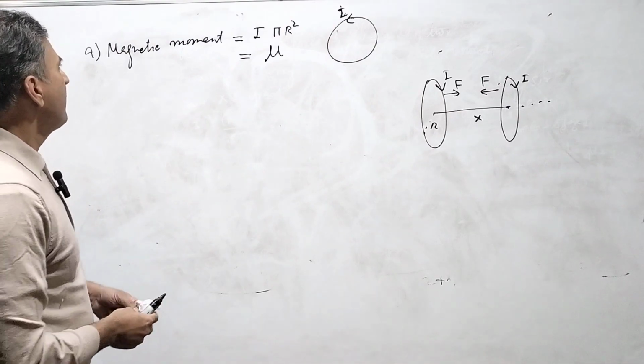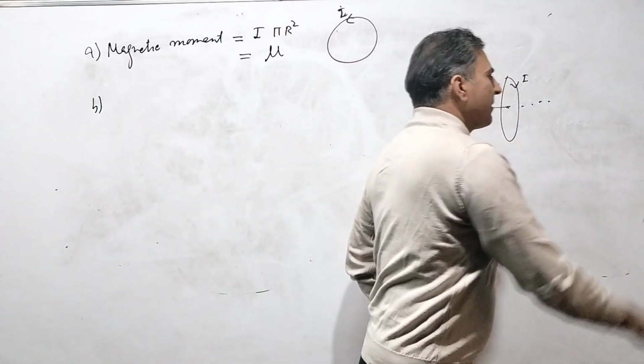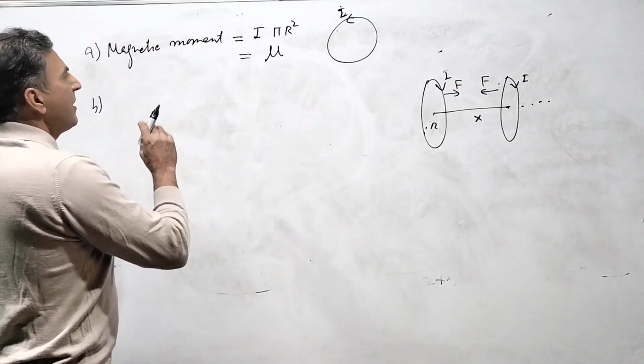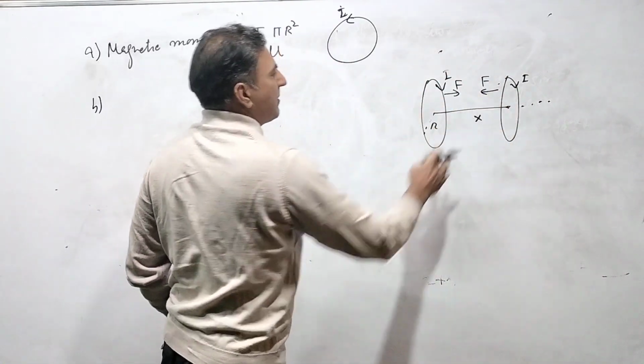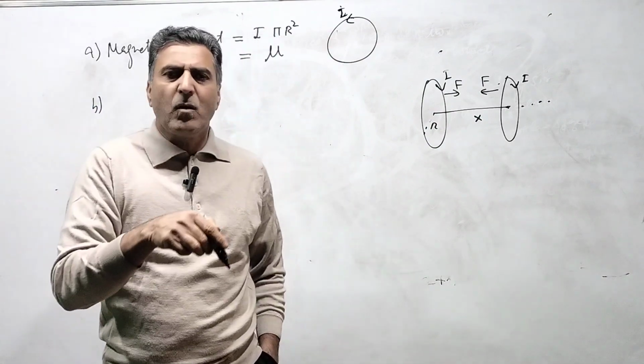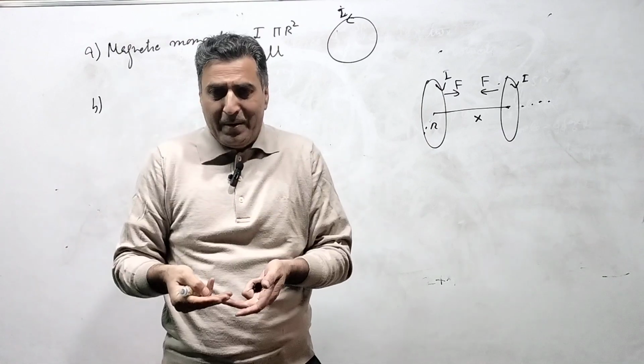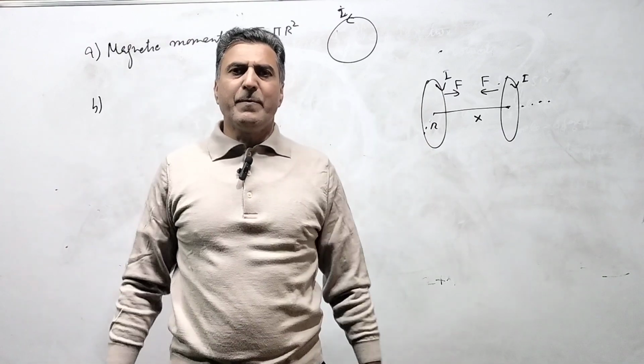Okay. The second point which I want to explain: if a current carrying coil like this, or any complete circuit, maybe it is not a coil but any arbitrary complete circuit, is in a magnetic field, what will be the force on it?